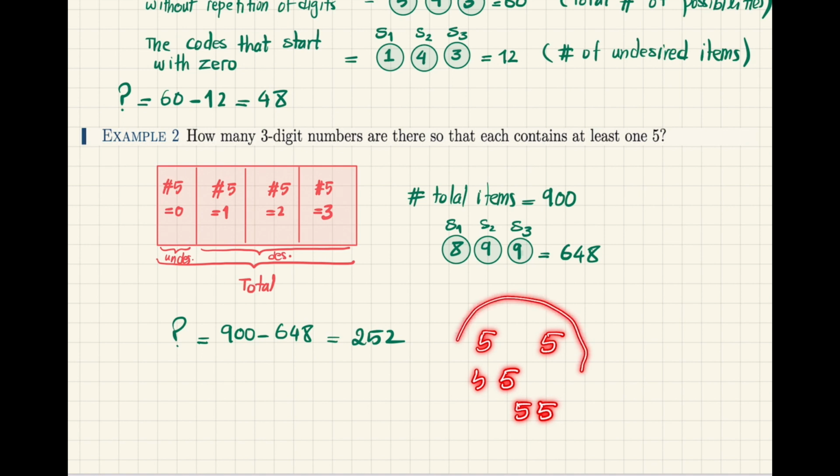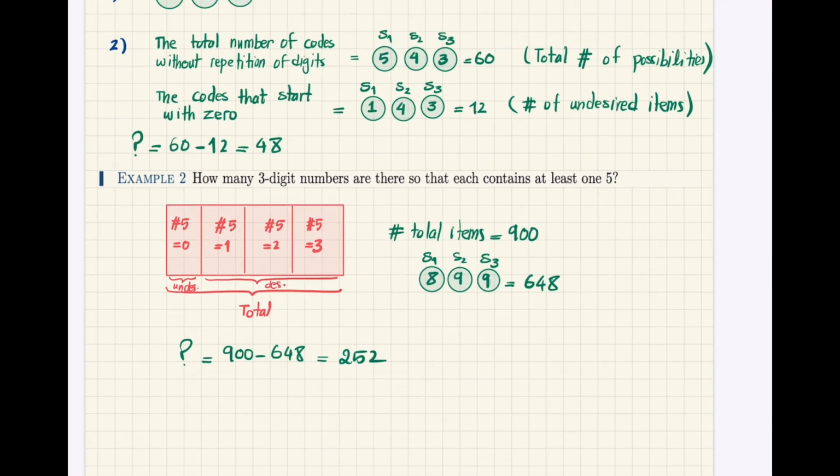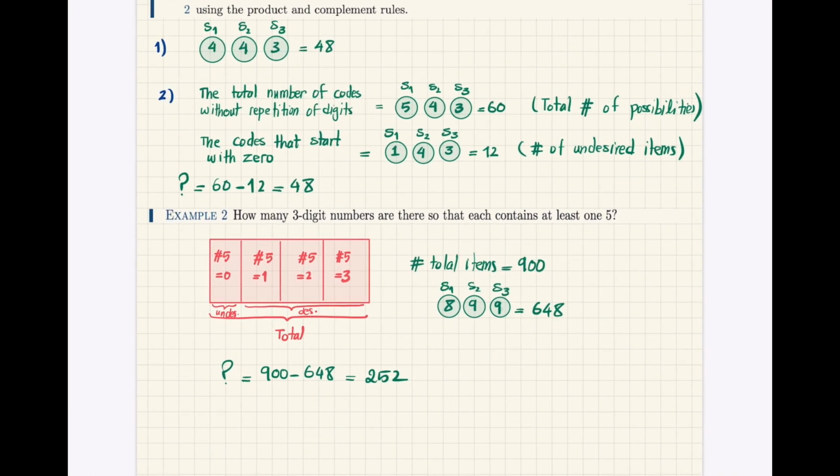So you need to consider all of them, and more or less separate these possibilities into cases. And when it comes to one 5, again, you can have 5 here, you can have 5 here, you can have 5 here. So I would say that it is possible, but I hope that you agree with me that solving the problem in this way is easier this time, using the complement rule, even though in the first example the product rule was easier.